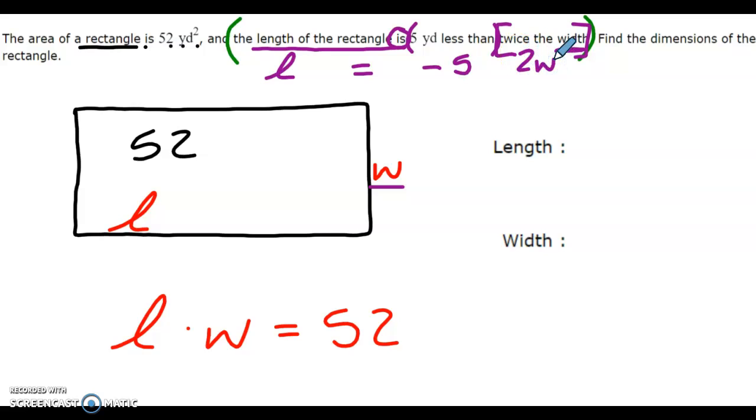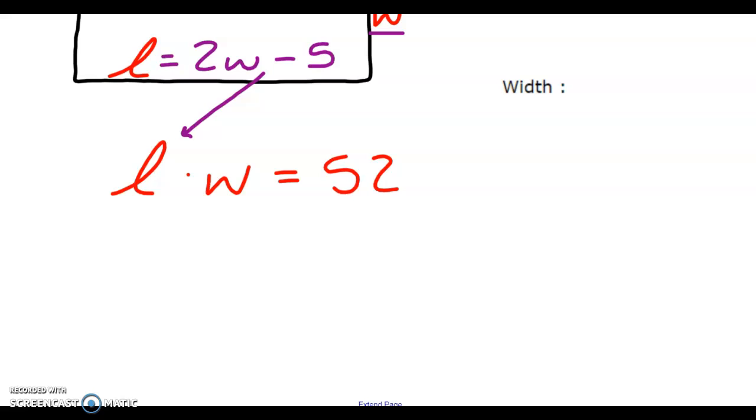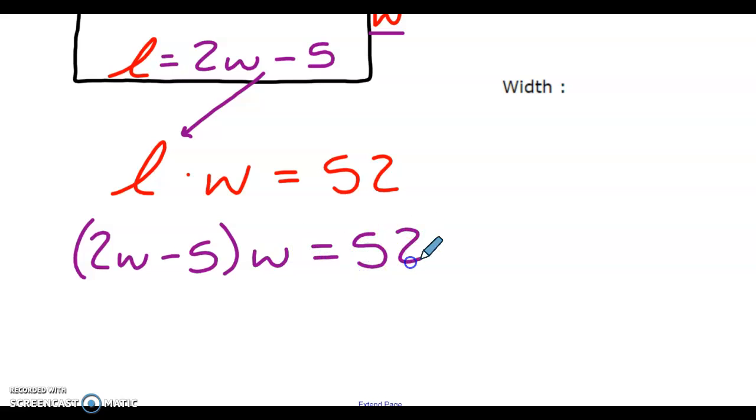So you know right now that your length is equal to 2W minus 5. And in your equation, you are going to replace that L with 2W minus 5. That's a substitution step. We've done some chapters on substitution and things like that with systems of equations, right?